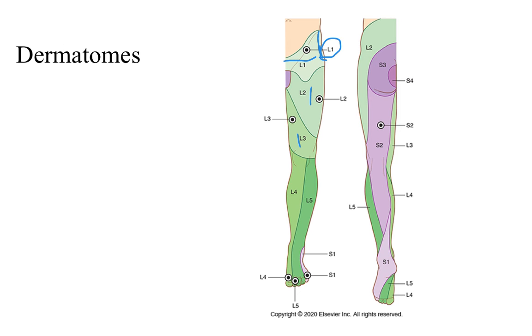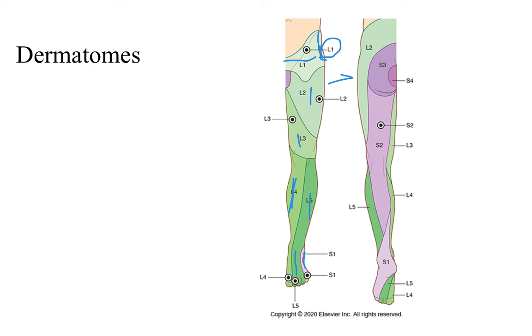L2, L3, L4 medial leg, L5 lateral leg, S1 lateral foot and ankle, L5 dorsal foot, the second, third, and fourth digit, and L4 medial leg and foot, and the great toe.